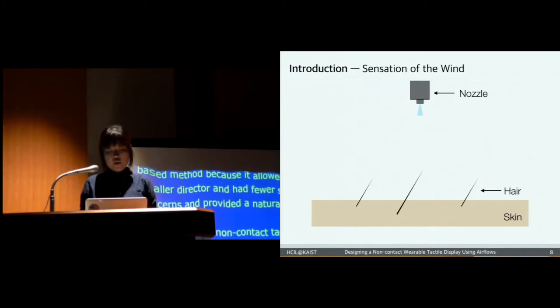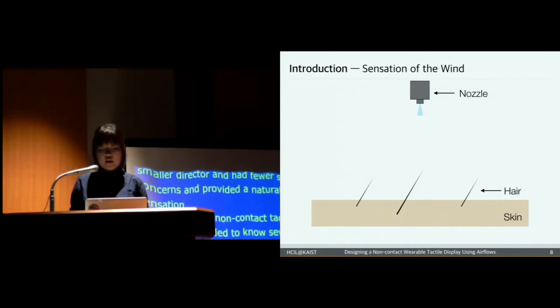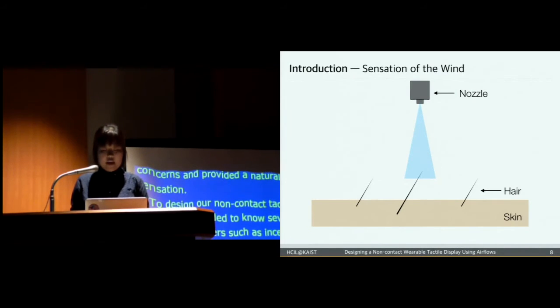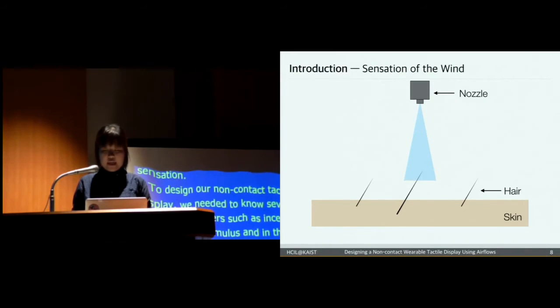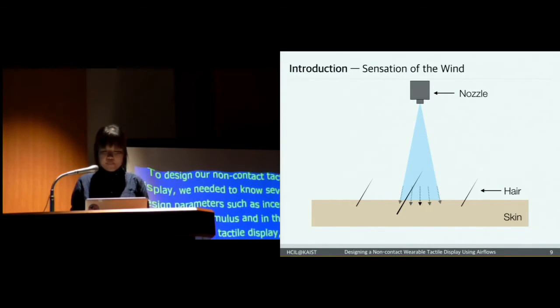The sensation of an airflow is different from that of vibration. When the airflow touches hair on the skin, the movement is detected by hair follicle receptors, and the airflow applies a mechanical force on the skin. This is detected by low-threshold mechanoreceptors in the skin.